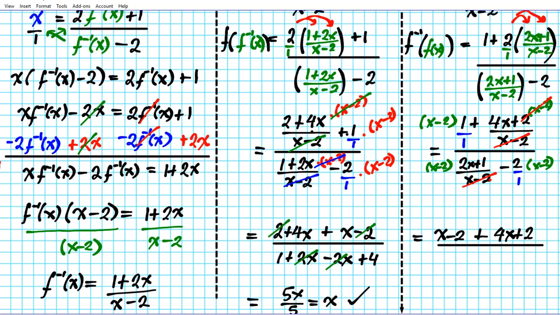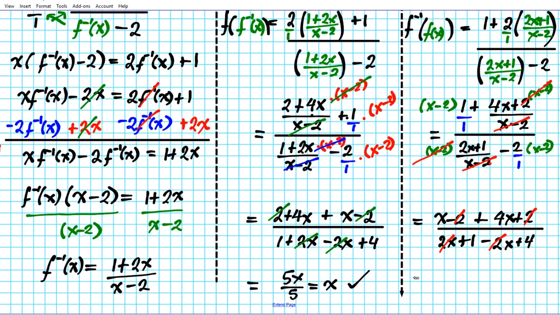The x minus 2's divide out, and then we have 2x plus 1, and then when you distribute this negative 2 to x minus 2, you have minus 2x plus 4. In the numerator the 2's are inverses, so they add up to 0. In the denominator, the 2x's are inverses, they add up to 0. So that leaves us with 5x over 1 plus 4, 5, and that comes out to x, which is what we desired.